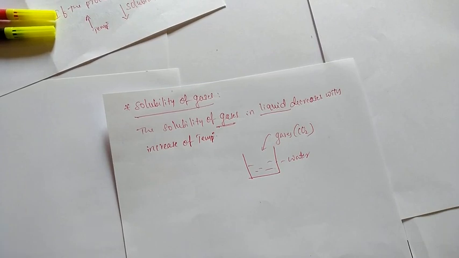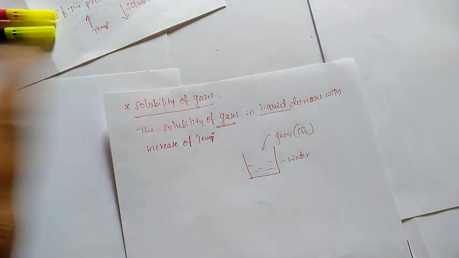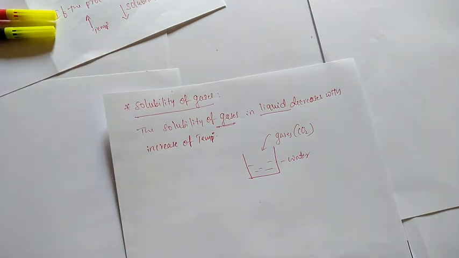The reason is that dissolution of a gas is similar to condensation of a gas to the liquid state, and is always an exothermic process. Hence, according to Le Chatelier's principle, solubility should decrease with an increase of temperature. This is why aquatic species are more comfortable in cold water than in warm water.